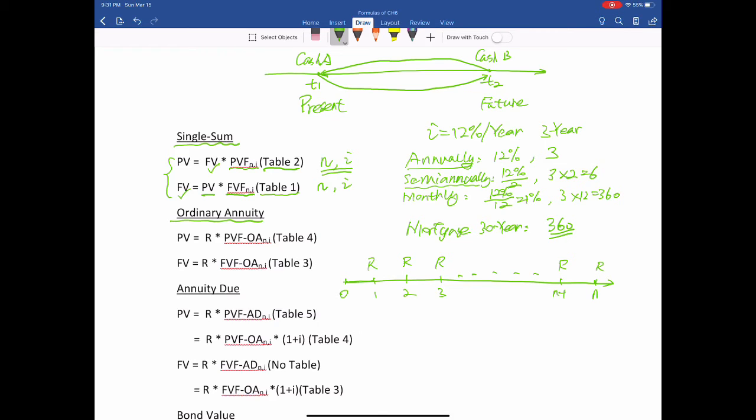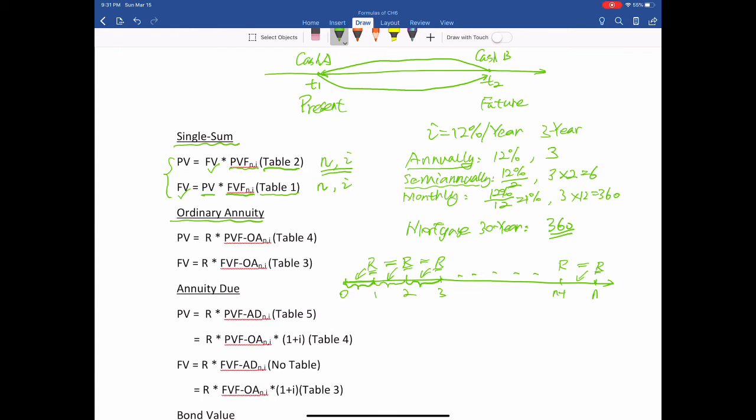So total n rents. This represents rent in period 1, this represents rent in period 2, this is period 3, this is period N. And the interval is the same. For example, if the period represents 1 month, each represents 1 month. Same interval, and also the rents are the same amount.